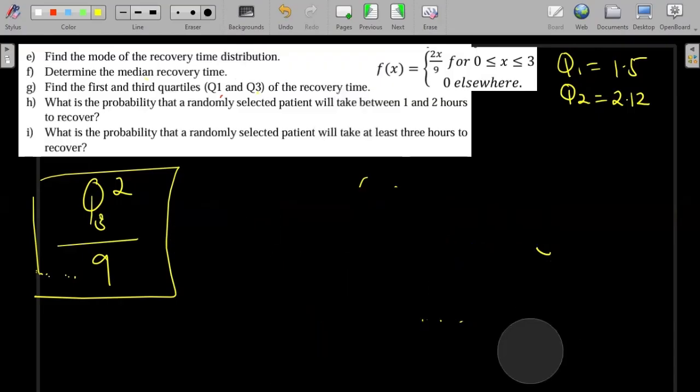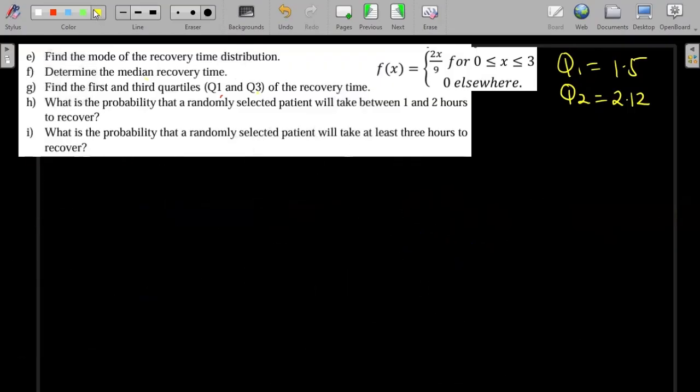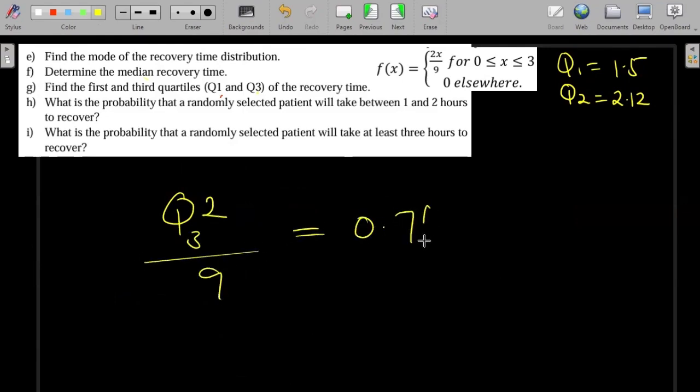So we are equating this CDF to 0.75. Q3 squared divided by 9 is equal to 0.75, so Q3 squared is equal to 9 multiplied by 0.75. 0.75 multiplied by 9 gives me 6.75.